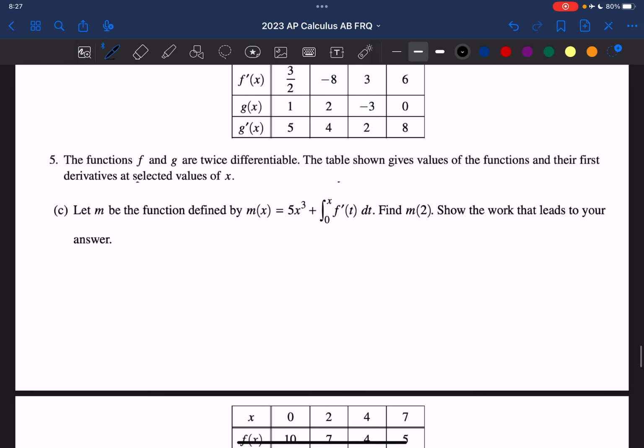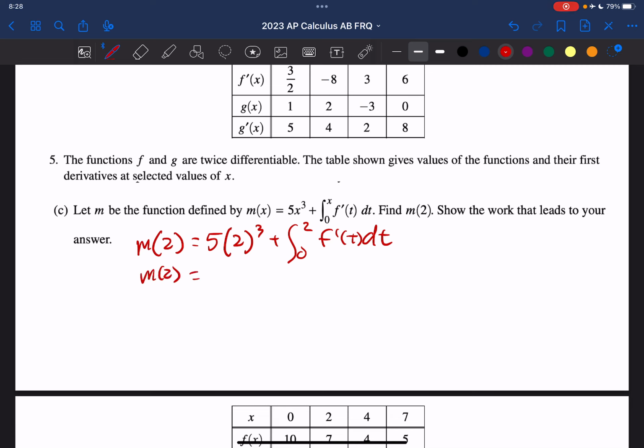Part C, here we've got this function m. It's defined this way. We want to find m of 2. So we're going to plug 2 everywhere we see an x. 2 cubed, the integral from 0 to 2 of f prime of t dt. So 2 to the third power is 8, times 5 is 40. Now by the fundamental theorem of calculus, the antiderivative of f prime is f.